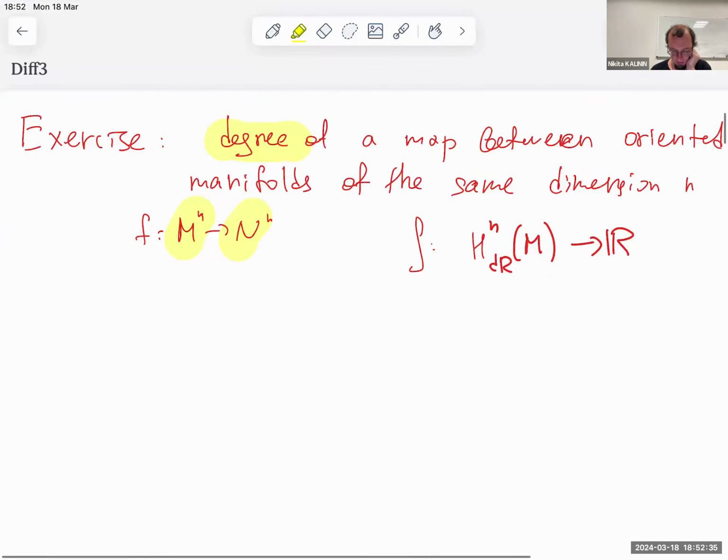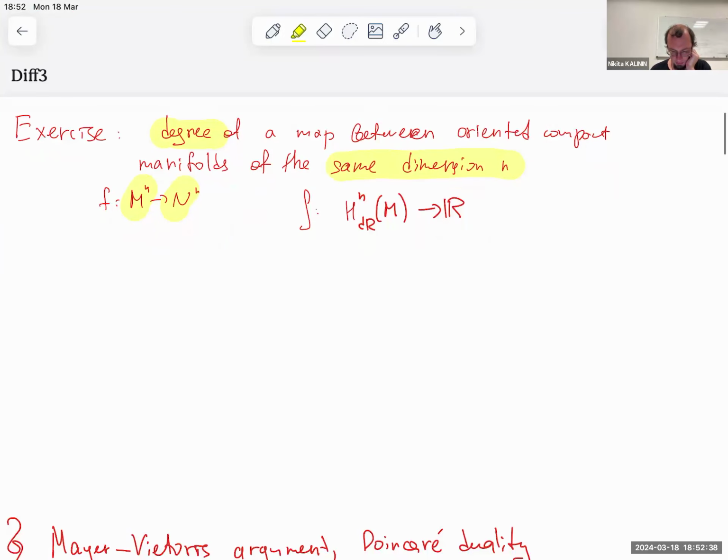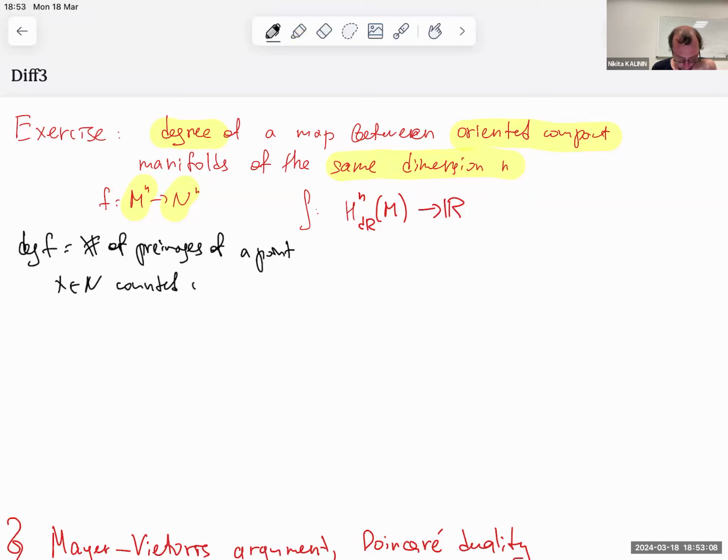They have the same dimension, and they also must be oriented, right? Because if manifolds are not oriented, it's difficult to define the degree of the map. In a sense, the degree of f is the number of preimages of a point x in N counted with multiplicities.